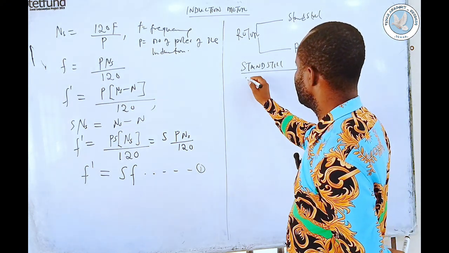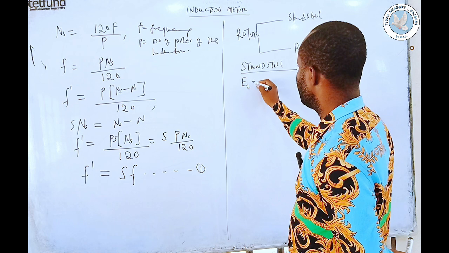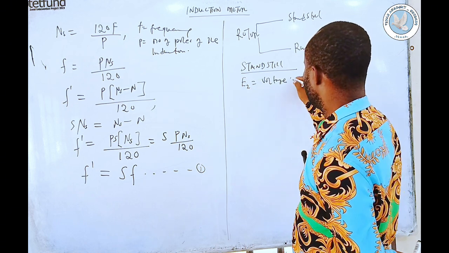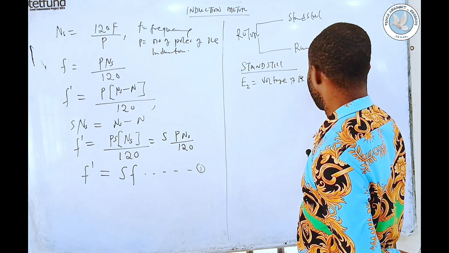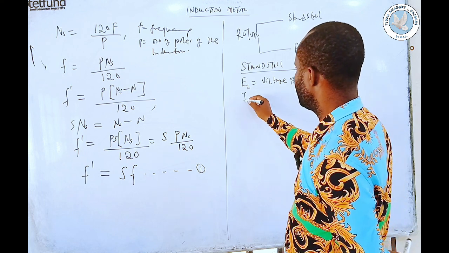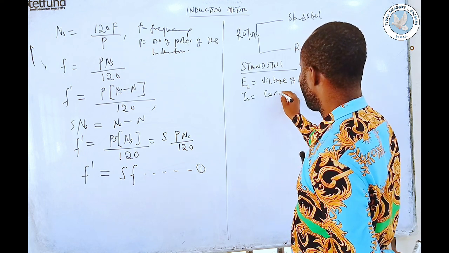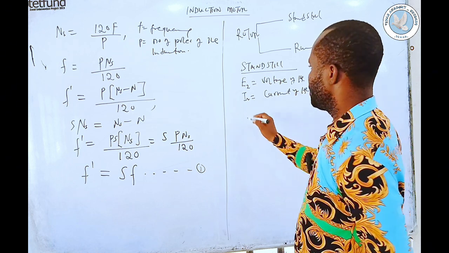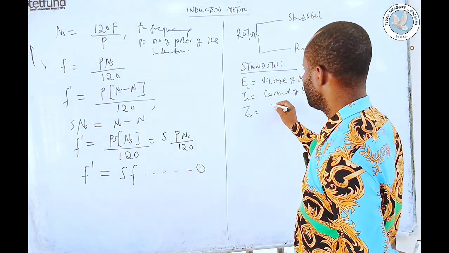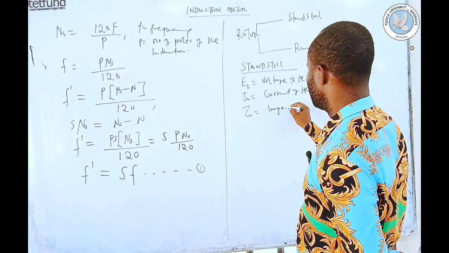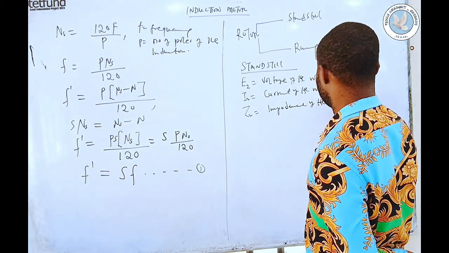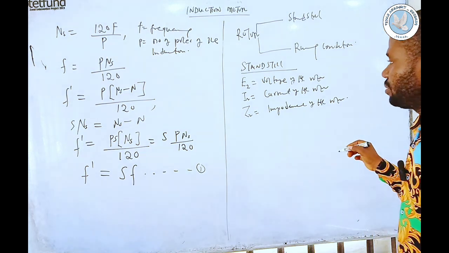Now at standstill, we can have this to be the voltage of the rotor. We can have this to be the current of the rotor, and this can also be the impedance of the rotor.